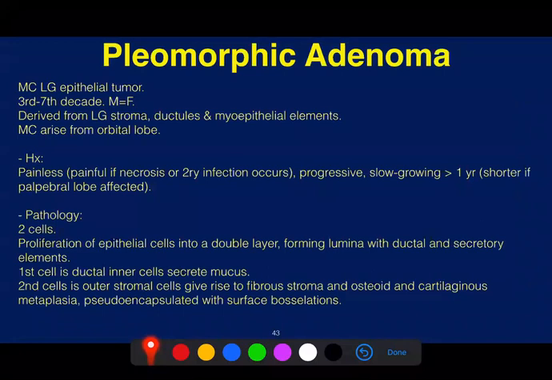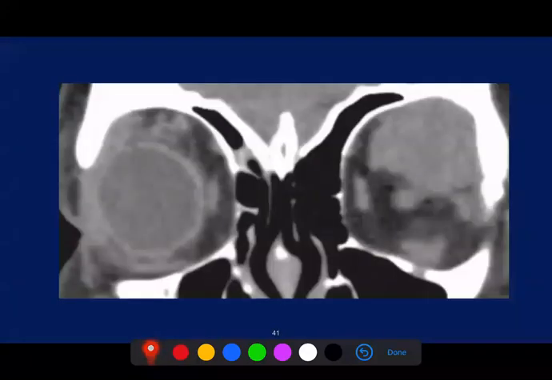Correct. This is the lacrimal gland mass. It's a polymorphic adenoma. Just one thing again: see how it pushes the globe. Lymphoma doesn't do this. Again, many people say molding without knowing what molding means.